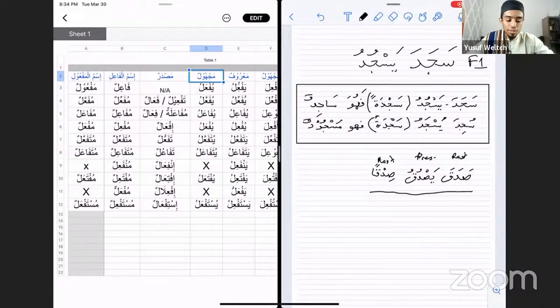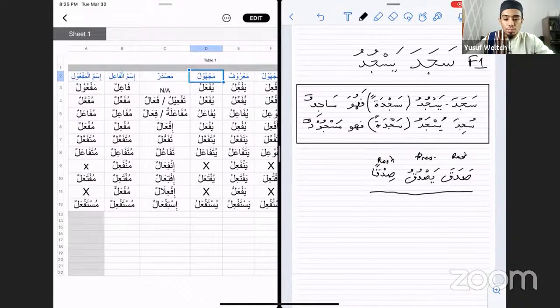Past tense first. How do you make it passive in the past tense? How do you make صدق passive? No, that's present tense. How do you make the past tense passive? صدق، صدق.